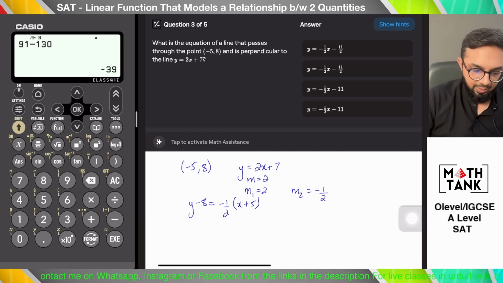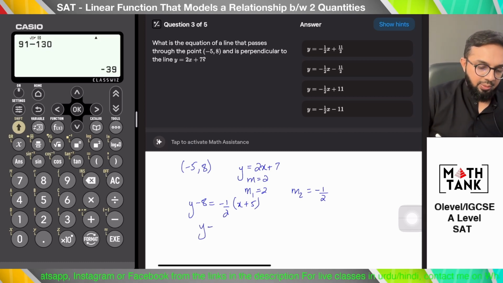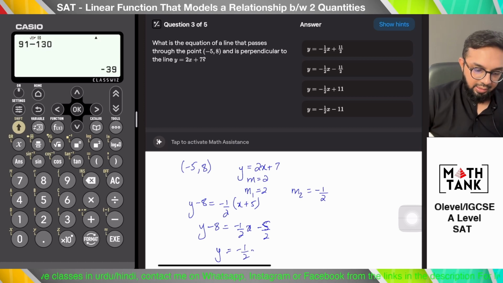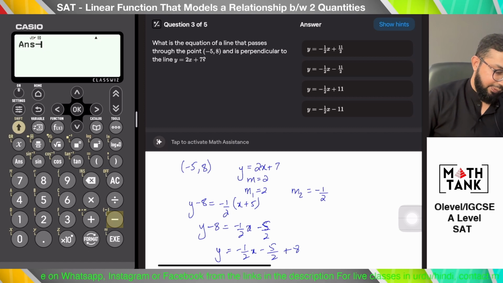You could also do it with y equals mx plus c. y minus 8 equals minus half (x minus 5) over 2. So I know minus half x minus 5 over 2 plus 8. What's minus 5 over 2 plus 8?